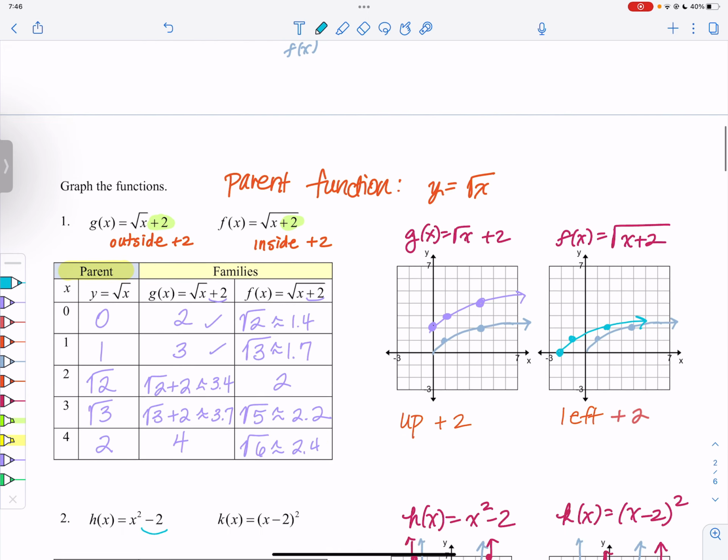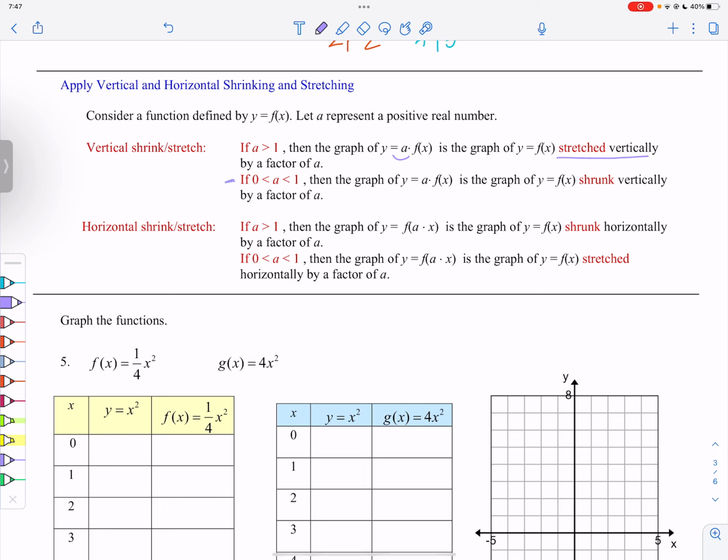So to apply vertical and horizontal shrinking and stretching, basically, if you multiply a function by a constant greater than 1 on the outside, you will stretch the graph vertically by a factor of that value. If you have a fraction, a number between 0 and 1, and you multiply that on the outside, you will actually shrink the graph vertically, and you can also call it compress.